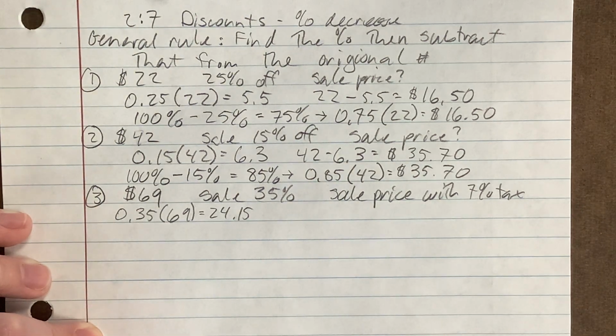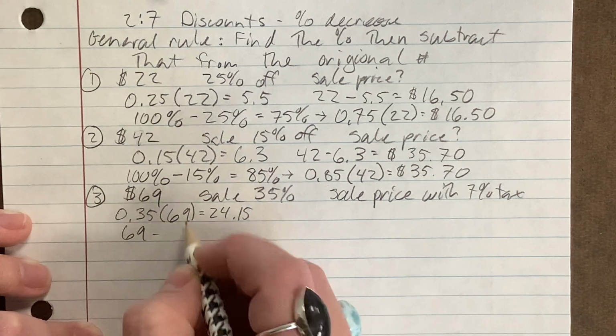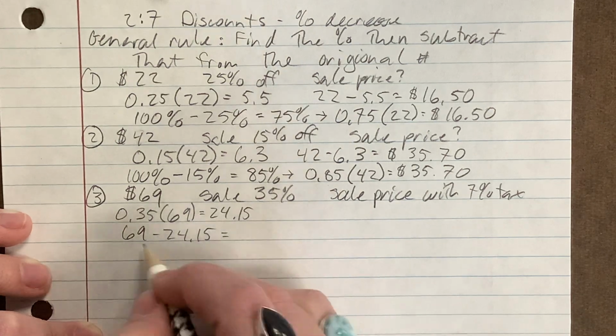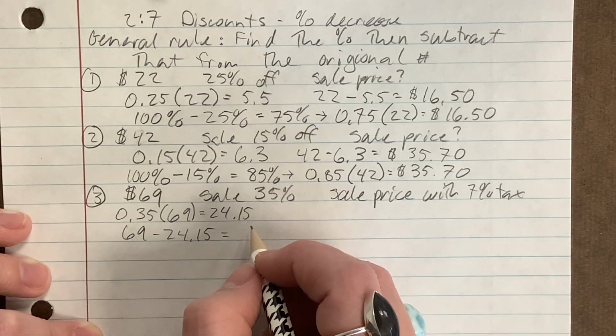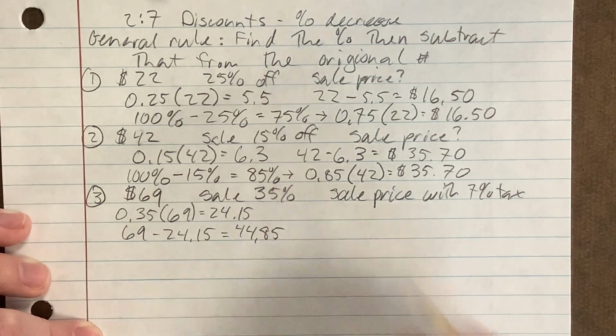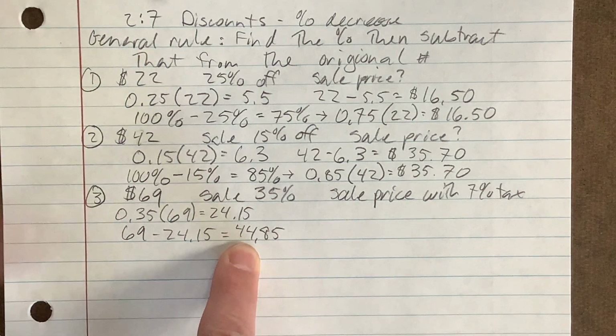Sweet, that's nice. So next up, we have to do the subtracting. So 69 minus 24.15 gets us to 44.85. Okay, so that's our sale price, but are we done?